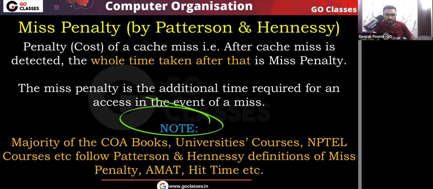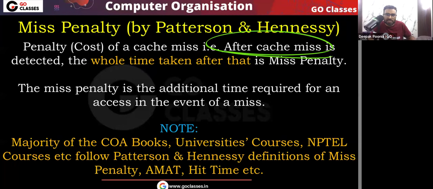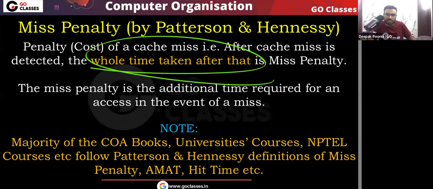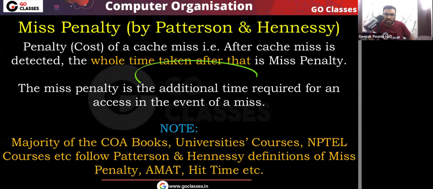So let me tell you a note here. In the previous lecture, we have seen the miss penalty definition by the Patterson and Hennessy book. That is, miss penalty was basically the penalty of a miss. Means, after the miss detection, after the cache miss has been detected, the whole additional time required to access, that is called miss penalty.